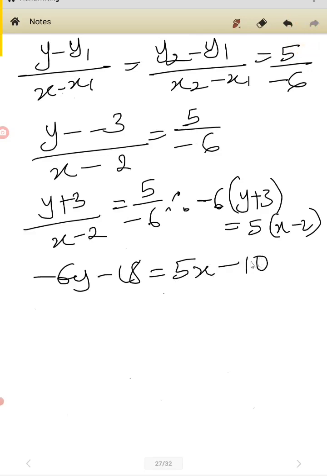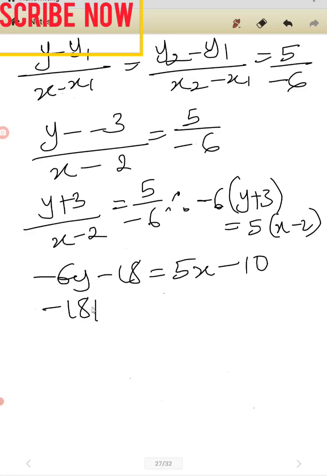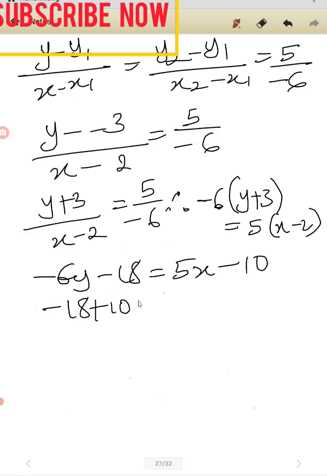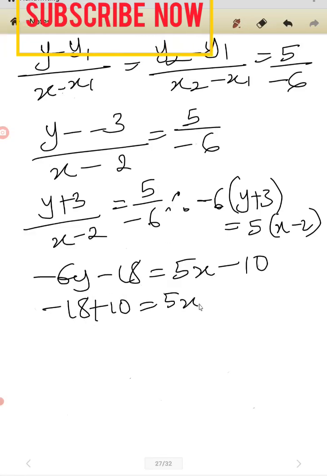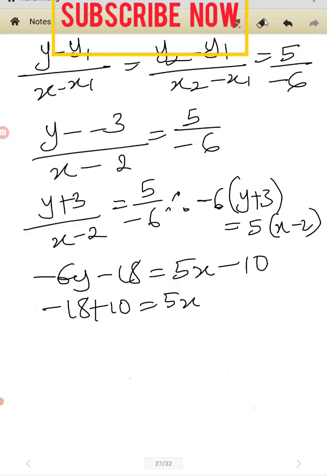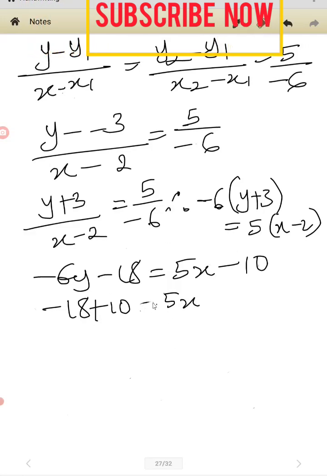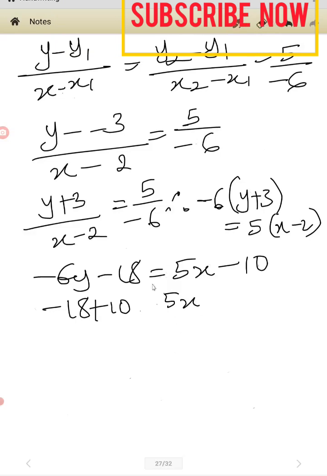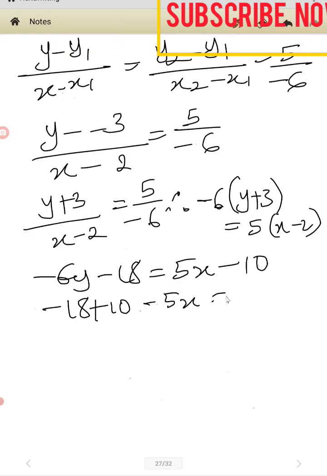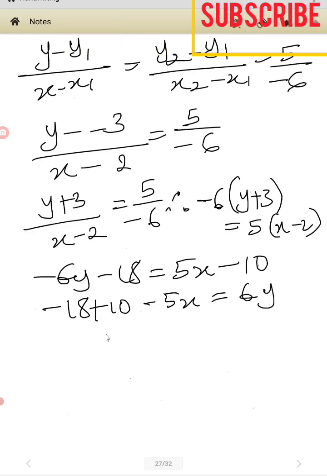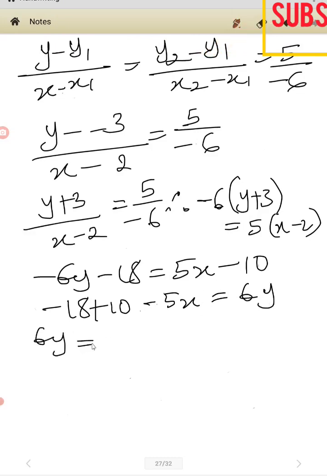So what do we do? Because we need to make the y, so let's just have, that is 6y. We have minus 18 plus 10 is equal to 5x. Let's say minus 5x is equal to 6y. So therefore, 6y equal to, so this is minus 5x.